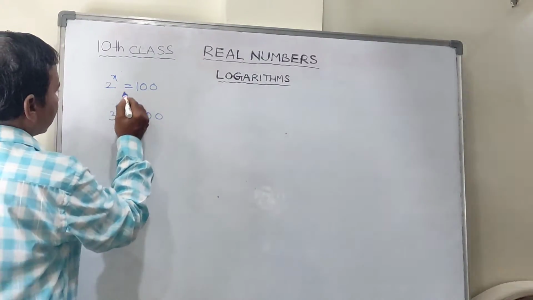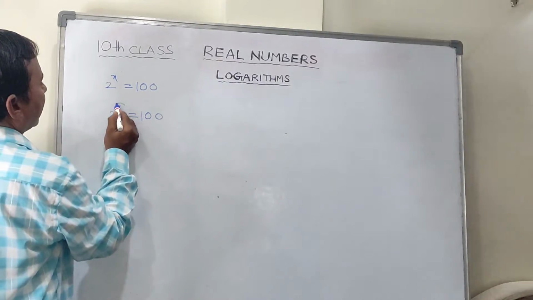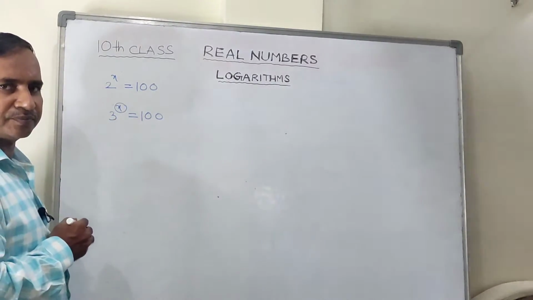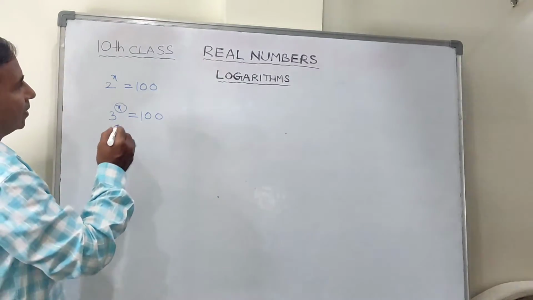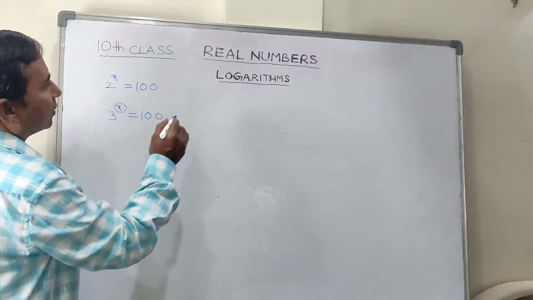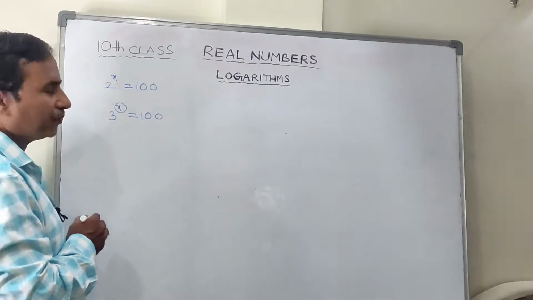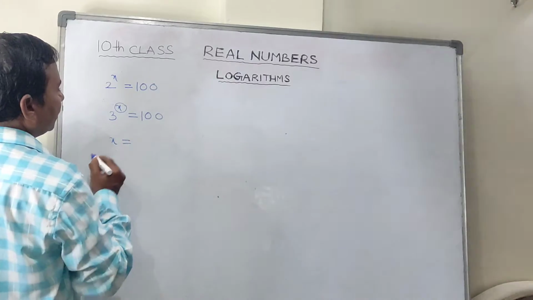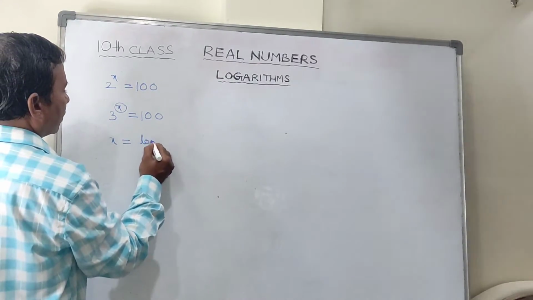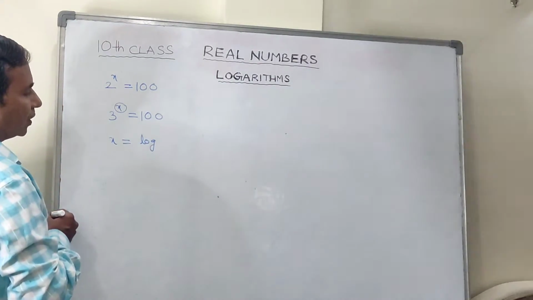So, in such cases, when the exponent is to be found out, when we want the exponent value, the concept of logarithms is introduced here. This x value becomes the logarithm. The short form of logarithm is log.